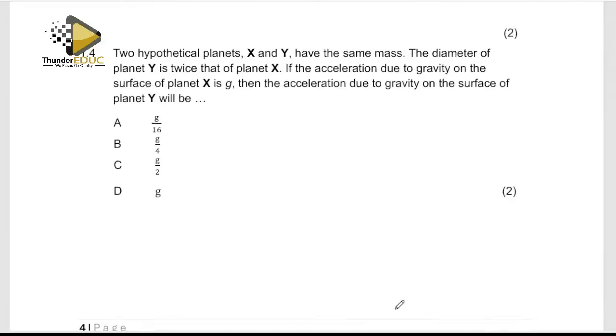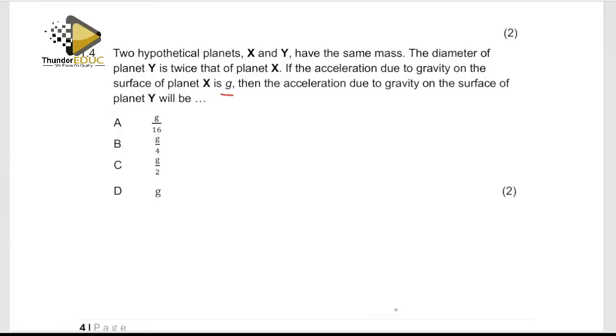Then 1.4, two hypothetical planets X and Y have the same mass. The diameter of planet Y is twice that of X. If the acceleration due to gravity on the surface of X is g, then the acceleration due to gravity on the surface of Y is going to be?